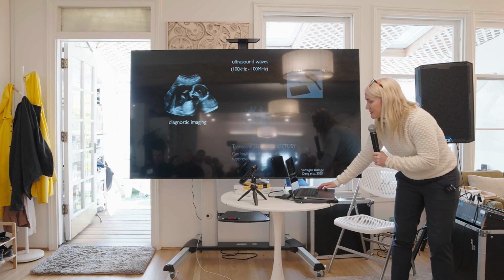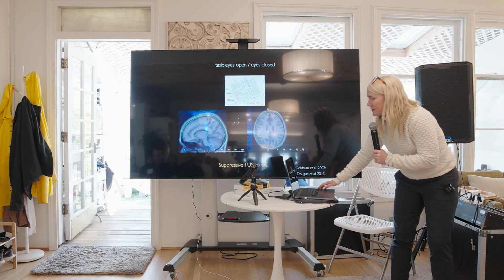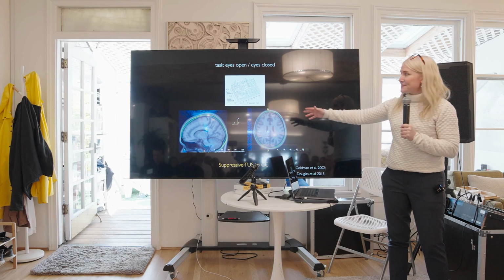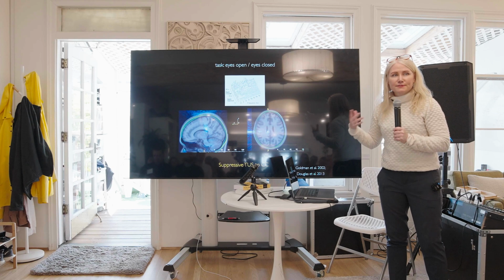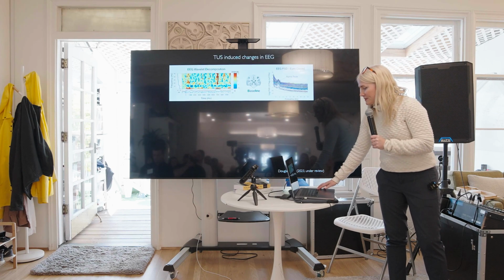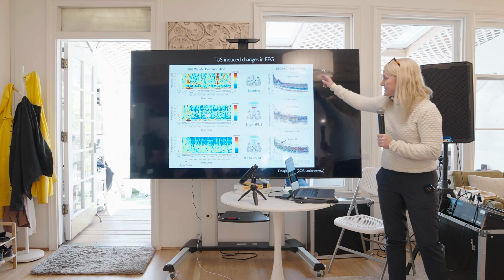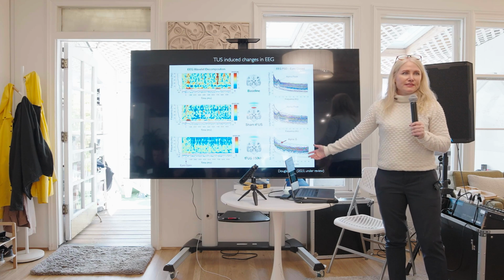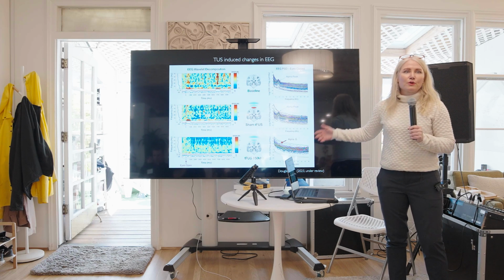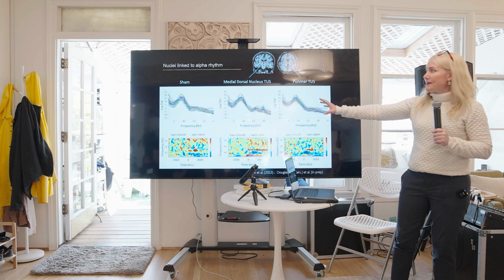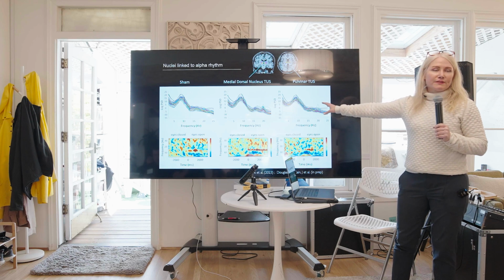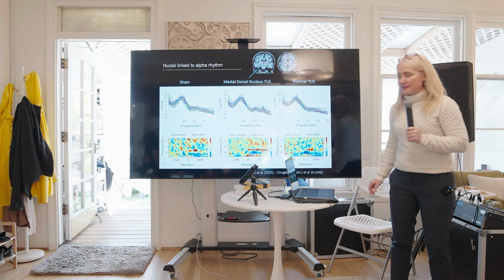And then I wanted to validate this even further. So I used something called transcranial ultrasound to suppress activity in the corpus callosum specifically. It turns out that this is baseline sham, and this is the condition where you see alpha desynchronization when you apply TUS to the corpus callosum. Interestingly, you don't see it in the main areas that were putatively thought to be alpha generators.